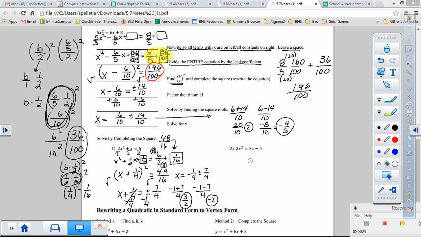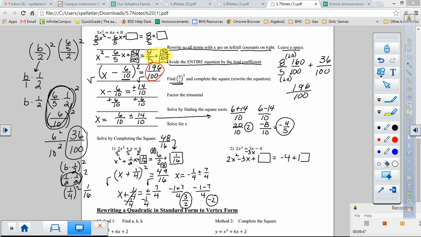We need to move the 3x to the left side along with the 2x squared. I'm going to end up probably running out of space. So 2x squared minus 3x plus whatever the value is I need to add here equals negative 4 plus whatever the value is I need to add here.